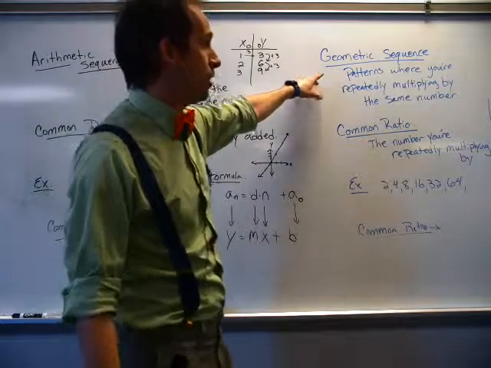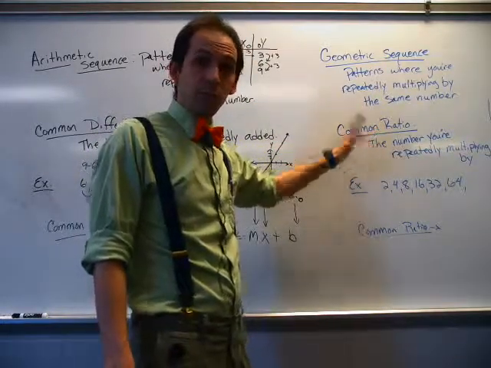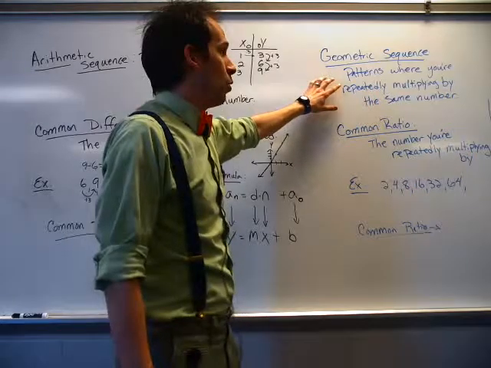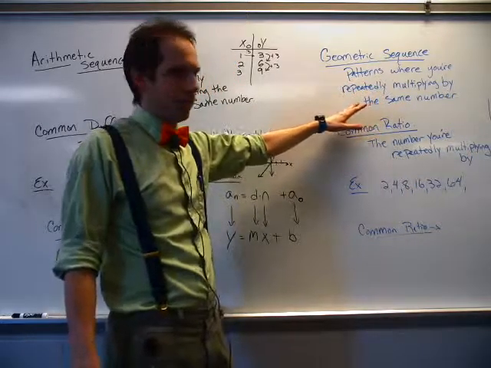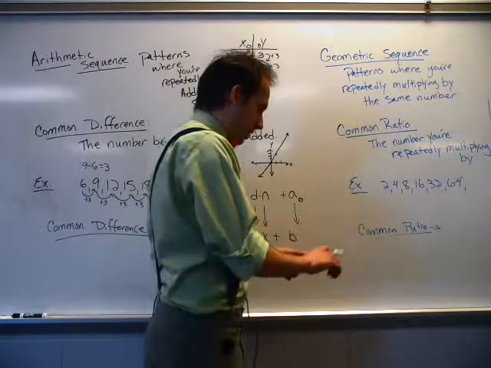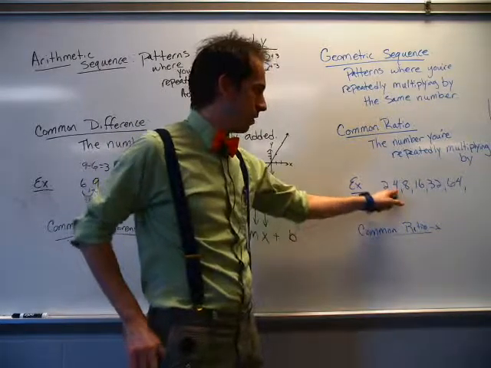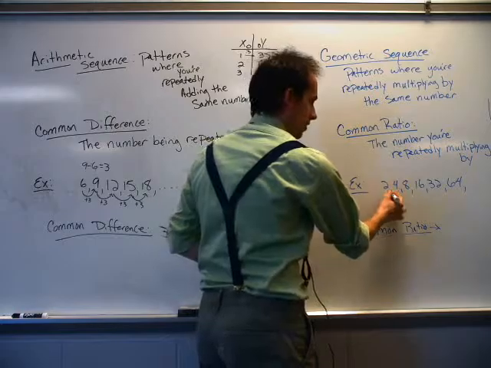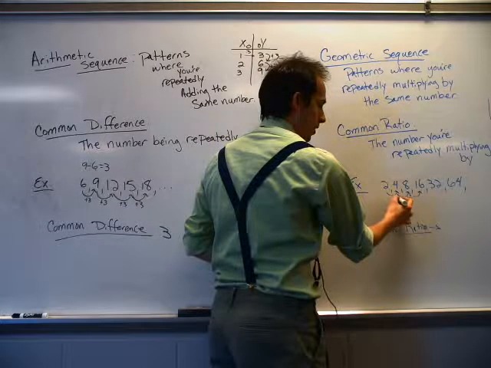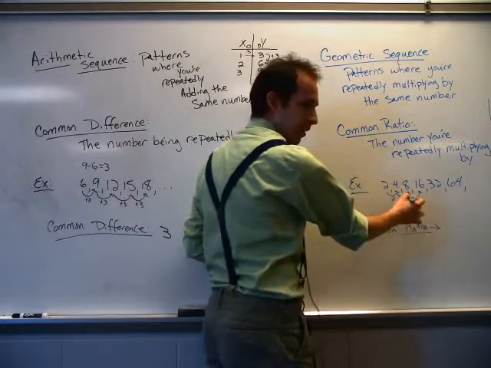If you look over here at geometric sequences, we're going to do this in another unit, so it'll come up again. But a geometric sequence is a pattern where you're repeatedly multiplying by the same number. So this right here is our example. And what I see here is 2 to 4, 4 to 8, 8 to 16. I'm just multiplying by 2 each time.